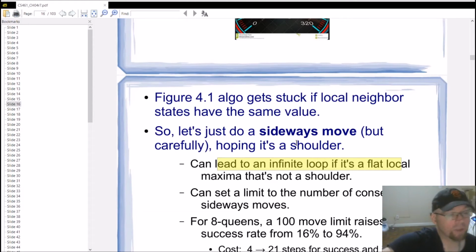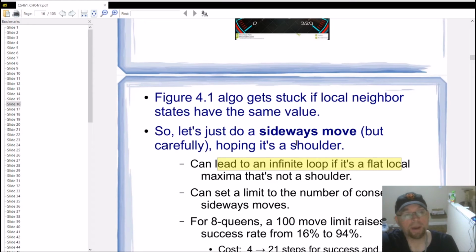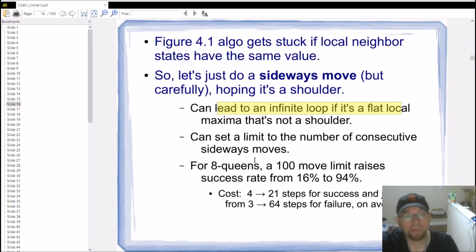Okay, so how can you get around that? We could have a counter. If you bounce back and forth 10 times, stop and return the state of whatever node you last examined, right? So for 8 queens, if you put in a 100 move limit, the success rate goes from 14% to finding a solution to 94%, right?